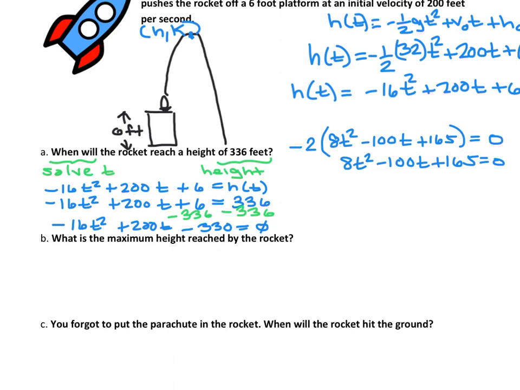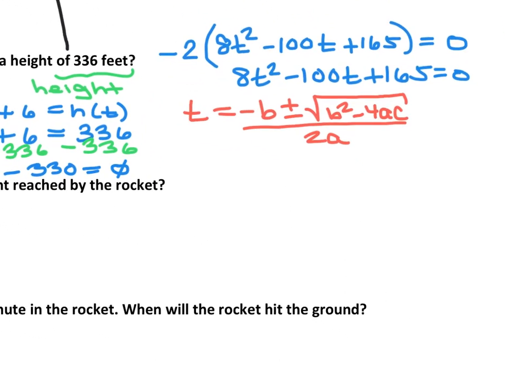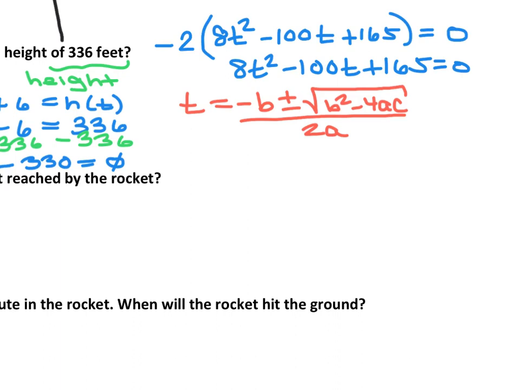So the quadratic formula, as you recall, is, instead of x equals, in this case we've got t, so t equals the opposite of b plus or minus the square root of b squared minus 4ac, all over 2a. Okay, so I'm going to start to substitute here.